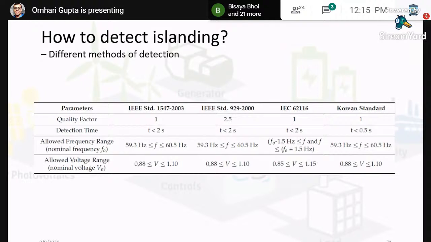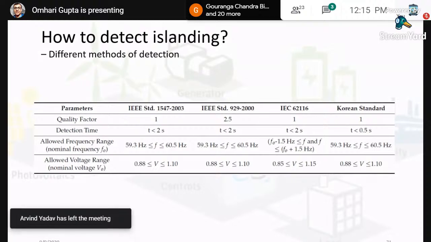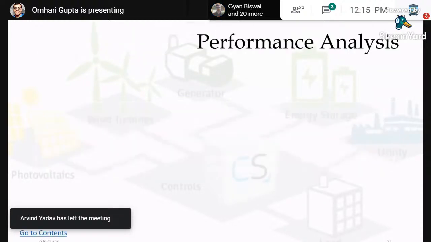Okay, and this frequency corresponds to 60 hertz, and the voltage is given in per unit. Whenever you have 0.88 to 1.1 per unit of the nominal voltage, you need not worry. It can be considered a normal condition, and that is nearly applicable for all the standards.